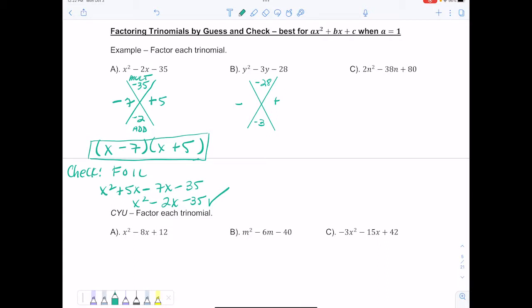They need to multiply to give you negative 28 and add to give you negative 3. Feel free to pause the video and try it on your own. Negative 7 times 4 gives you negative 28, and negative 7 plus 4 is negative 3. So here I'm just going to have y minus 7 times y plus 4, and you can FOIL it and check to make sure your answer is correct.